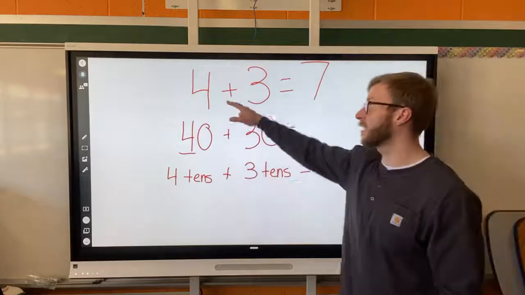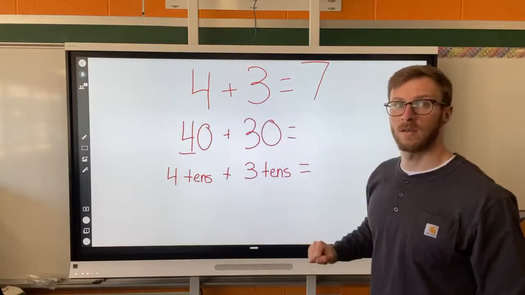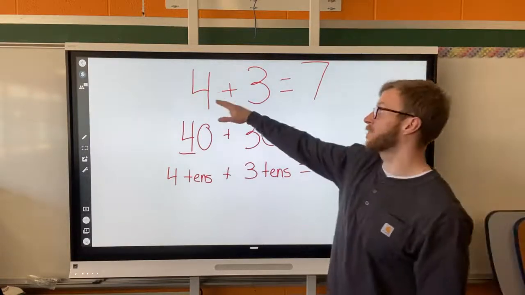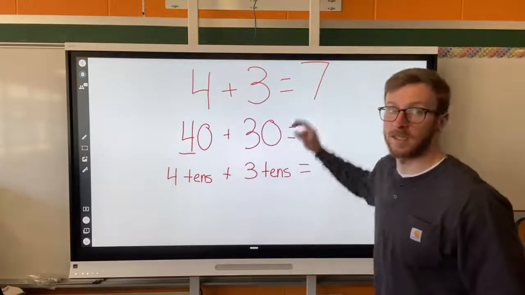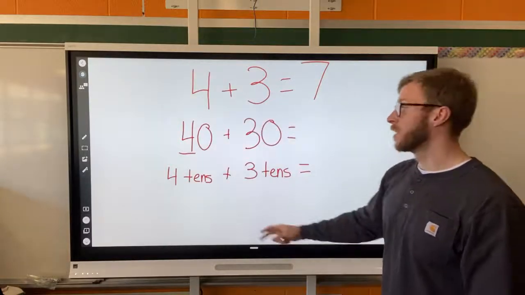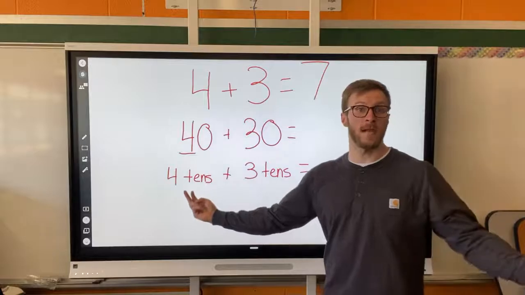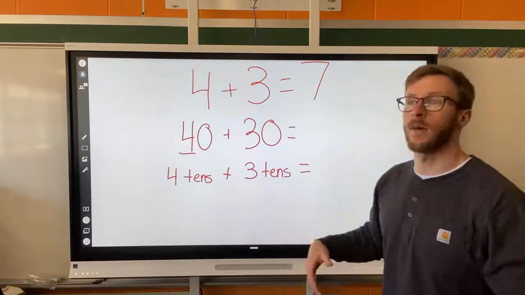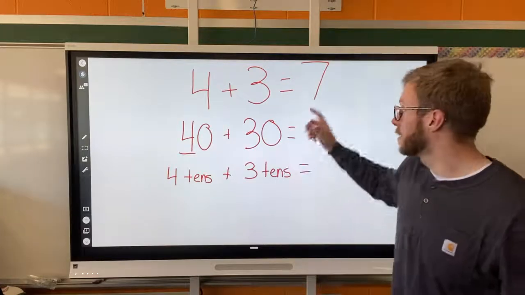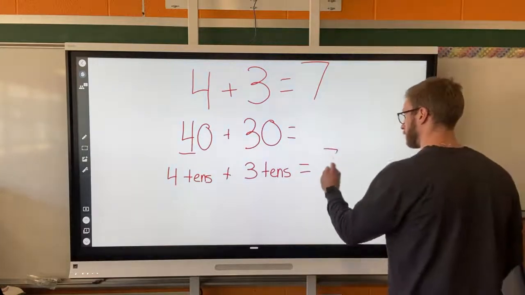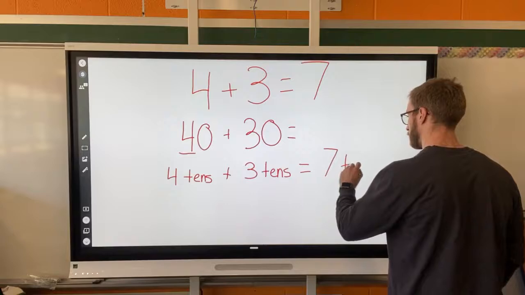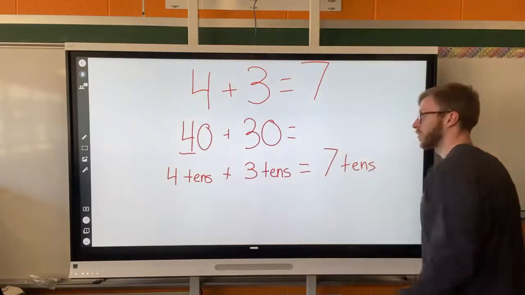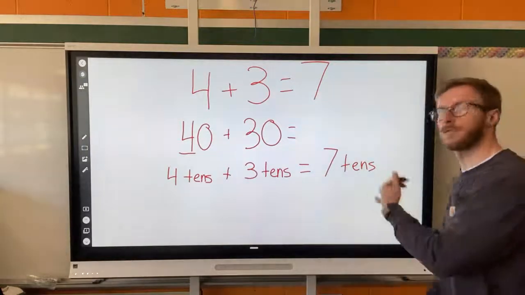Is this any different than 4 plus 3? Because this could be 4 bananas plus 3 bananas equals 7 bananas. Down here, we're not counting bananas, we're counting tens. 4 tens plus 3 tens equals how many tens? 7 tens. So we have 4 tens plus 3 tens equals 7 tens.